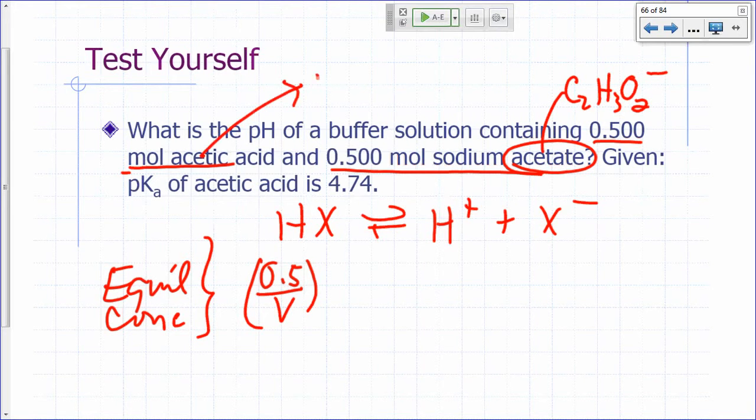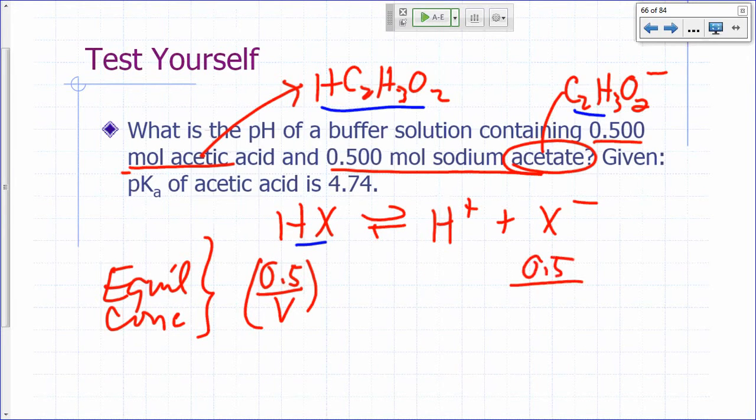That's what we're referring to as HX here, and that's your X minus. So the concentration of your conjugate base is also 0.5 over total volume. And let's be more precise here and put the right number of sig figs that are given in the question.